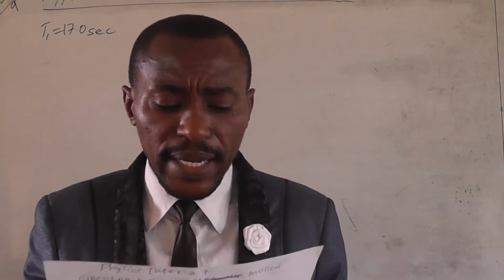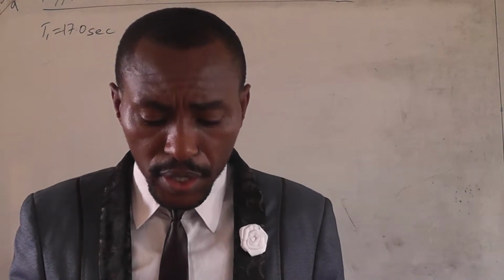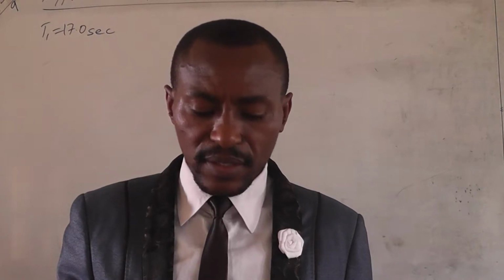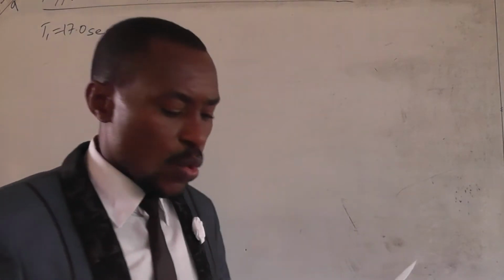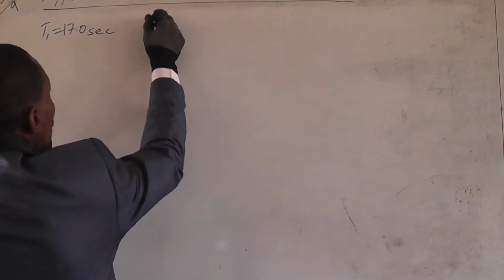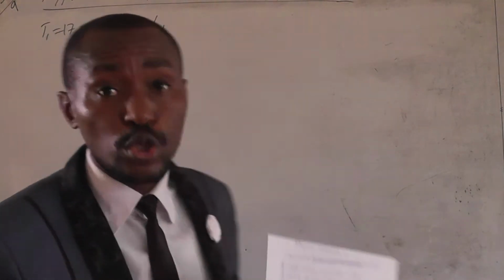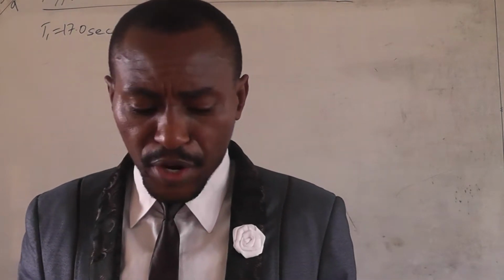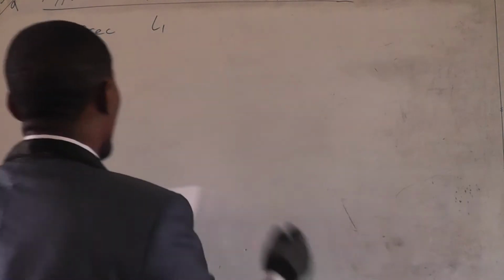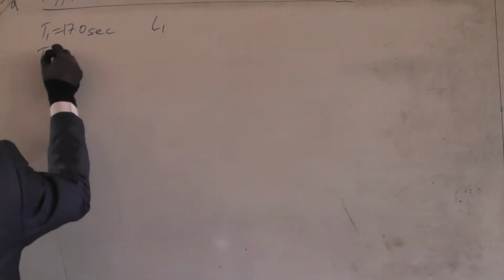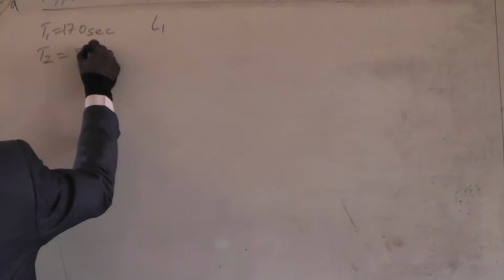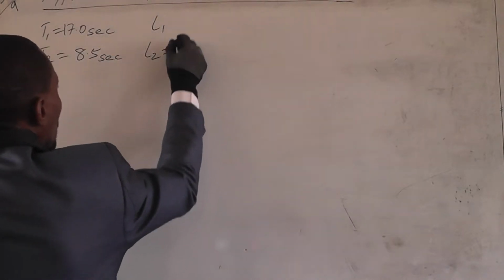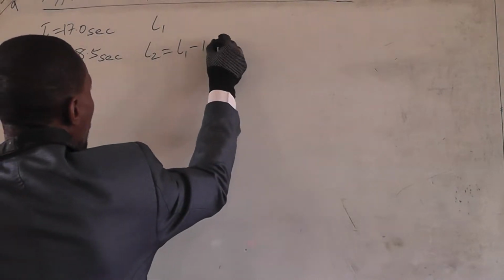When the length is shortened by 1.5, which means we'll have one other length here, which we don't know, its period is 8.5. So the period here, T2, is 8.5 seconds, when L2 is L1 minus 1.5.